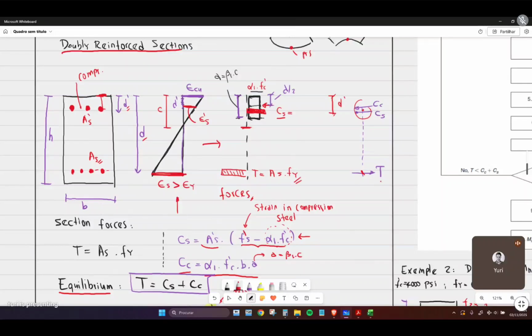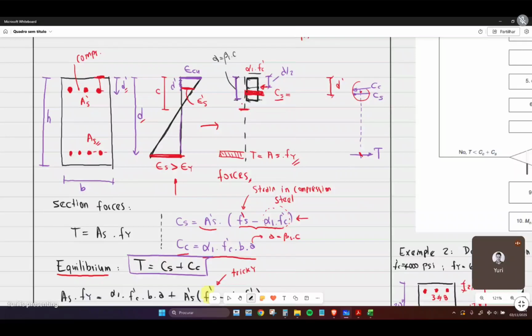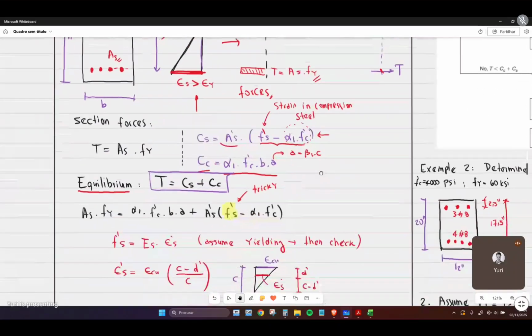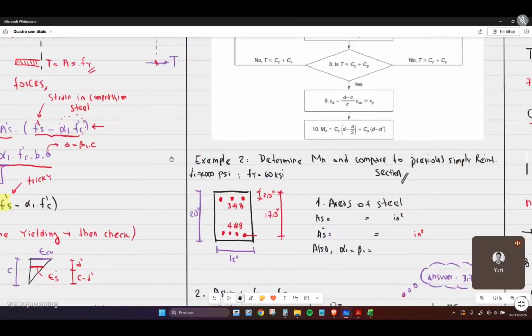So instead of using these forces directly, we're going to calculate the resisting moment capacity using their distances, because we know them from Cc to T and from Cs to T. So we're going to use both of them, and the equation is like this. The equation was supposed to be here. Where is it?